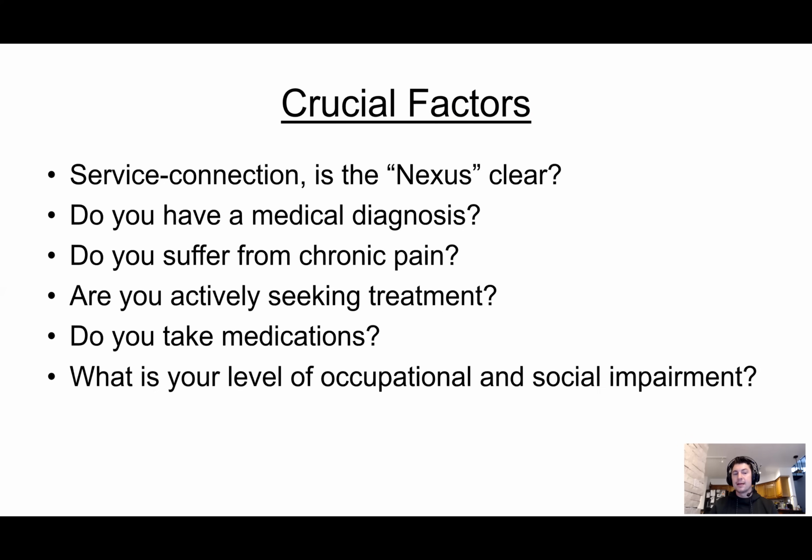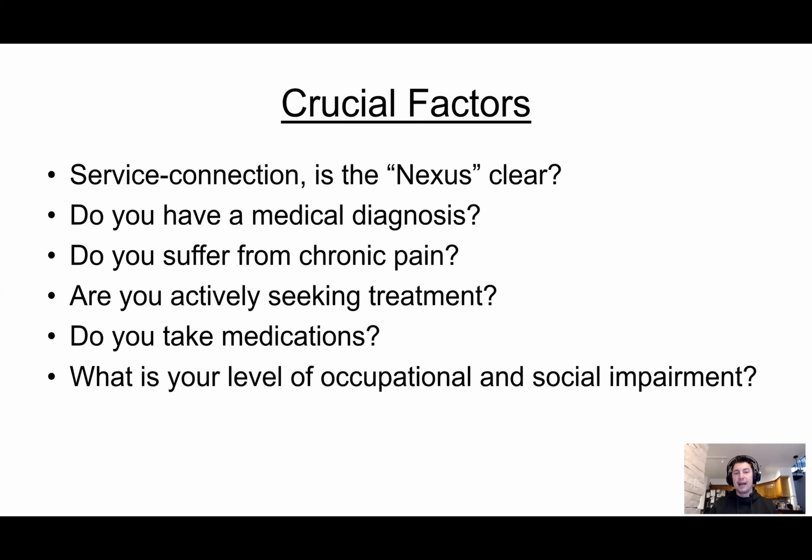That's what that means. It's not that the VA is disagreeing that you have the disability or condition. They're disagreeing that your disability was due to your service. So for somatic symptom disorder claims, be thinking about, is that nexus piece clear so that you can get service connection granted?